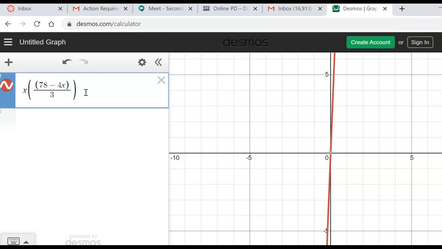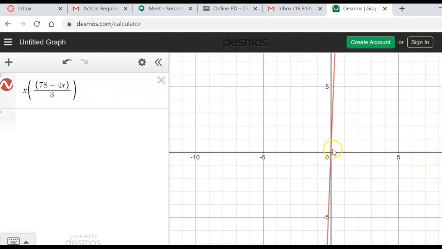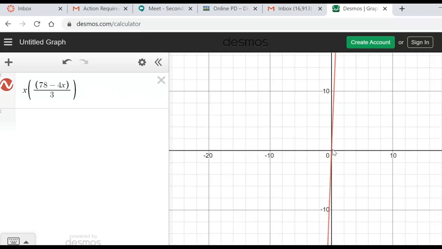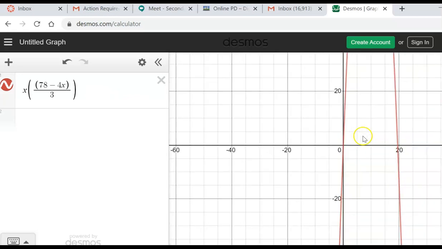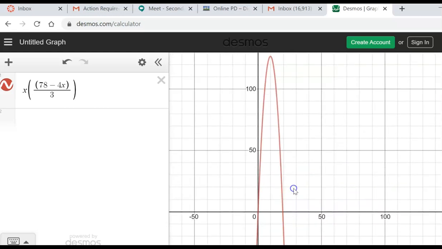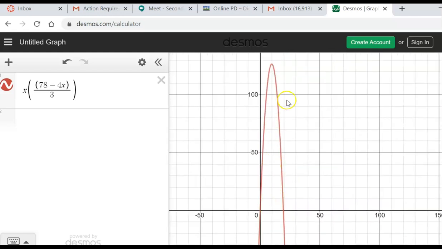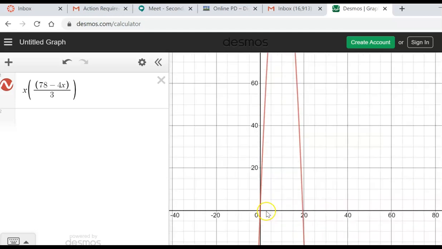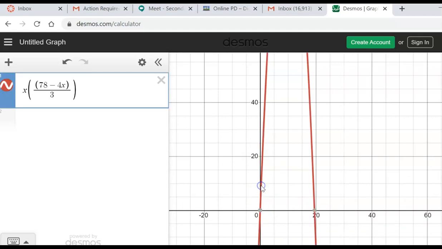Then I close the parentheses. That has given us our graph, which if we zoom out far enough, we can see is a parabola. It crosses at the origin, 0, 0, and at 19.5, 0.